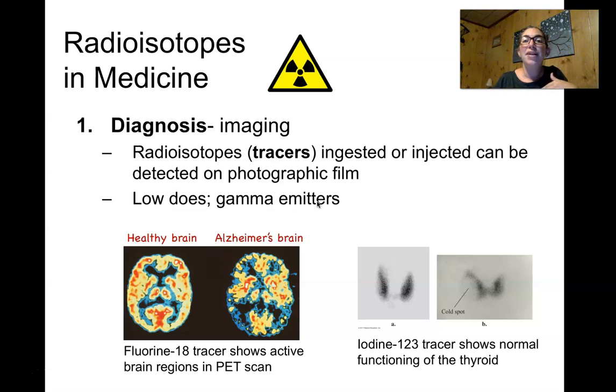And remember, gamma radiation is very penetrating, so it can penetrate all the way out of your body to that detector. So you definitely want to use gamma emitters for imaging to make sure that it can penetrate through the body. And you want to use as low a dose as possible because gamma radiation is damaging, and you want to do as little damage to the person as possible if you're just trying to get an image of something.